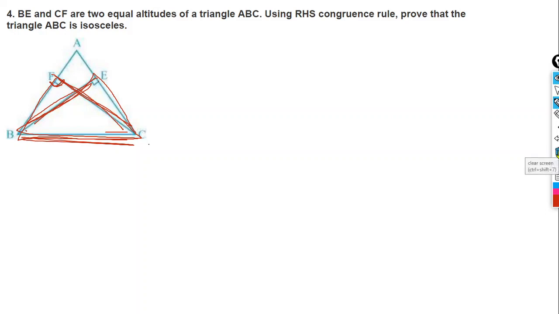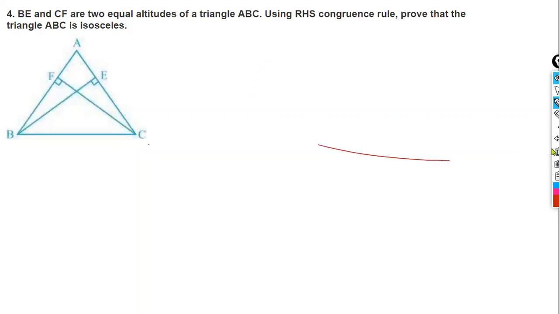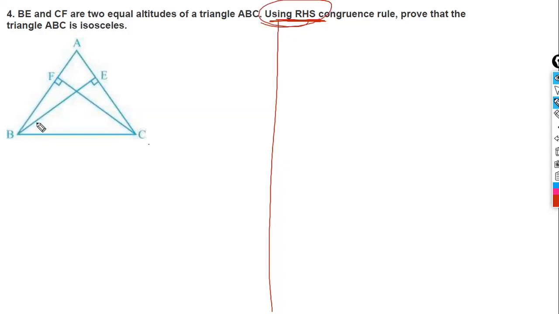So let's see. As it has told us that we have to use the RHS congruency rule, otherwise we would have taken triangle ABE directly. Here we are not able to use RHS, so let's take triangle BFC.